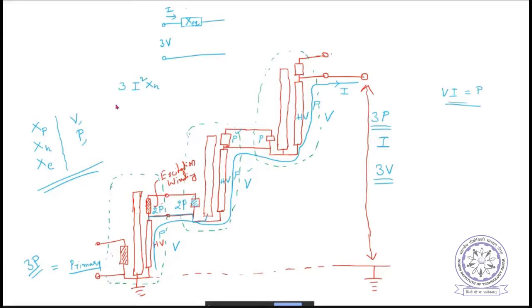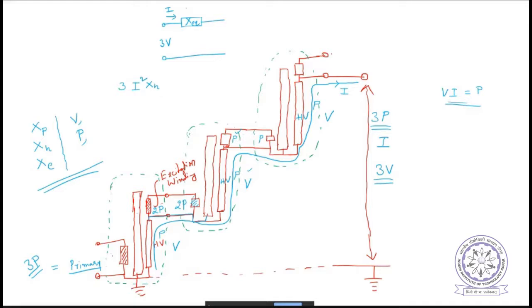3 into I square into XH is the reactive power of all the 3 high voltage windings. Now what about the primaries and secondaries? Let us consider this loop.